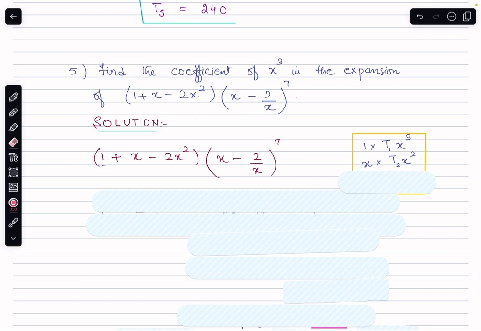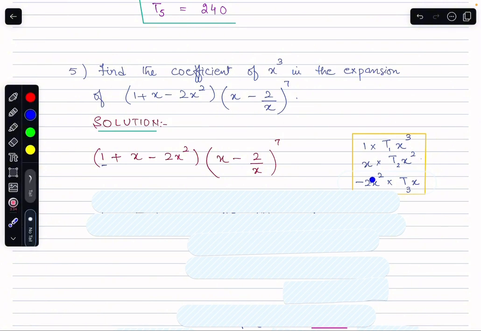And lastly, if my term negative 2x square gets multiplied by a term in the expansion of x minus 2 by x to the power 7, having the term in x, only then I shall be having x square into x, which shall give me a term in x cube. So these are the three terms in the expansion of x minus 2 by x to the power 7, which I shall be wanting to have a term in x cube.